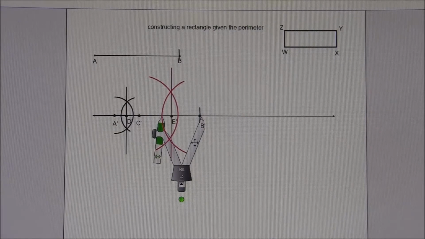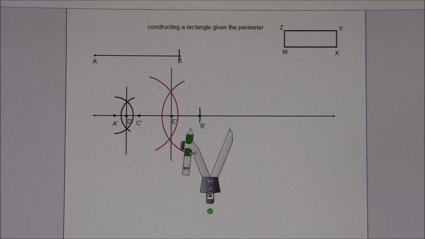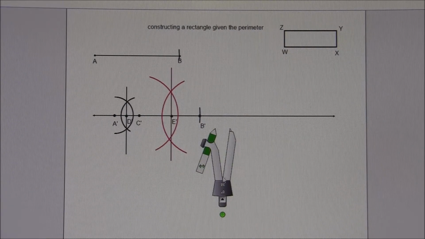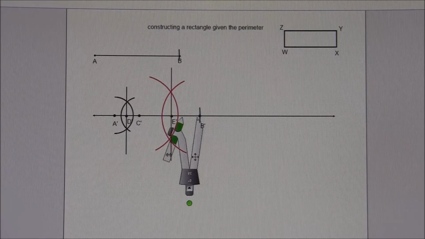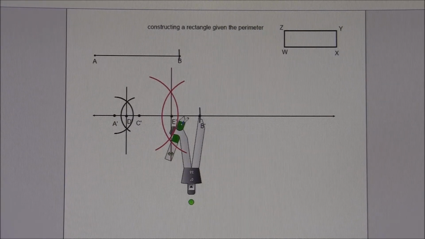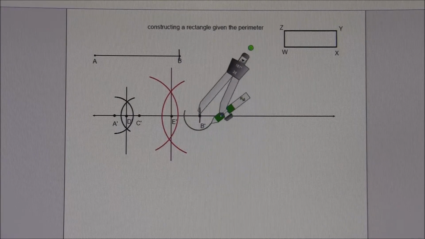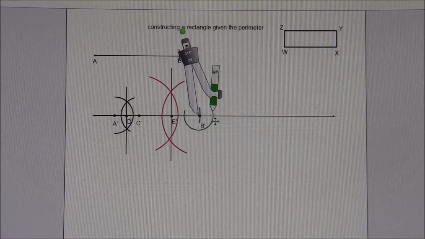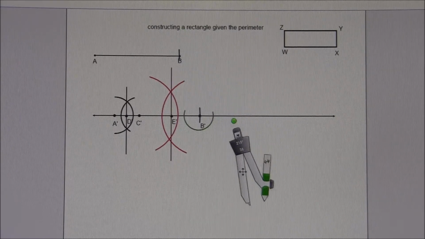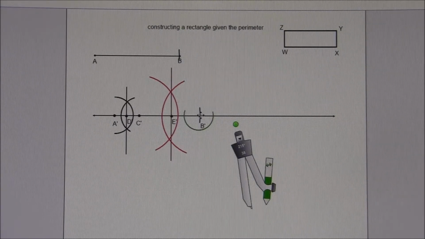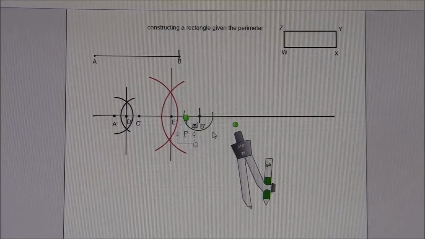That would mean I need to construct a line segment, and to do that I create this arc to give me this line segment right here. This is going to be F and G. I know this is going to get a lot of letters. You have to keep track of which one is which.